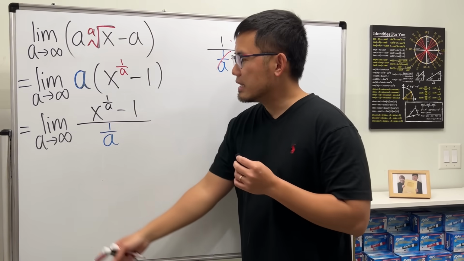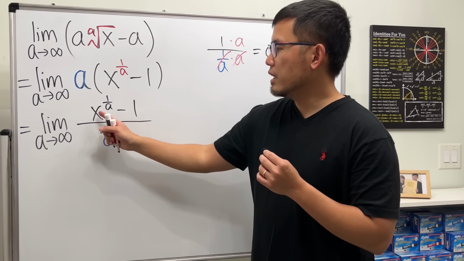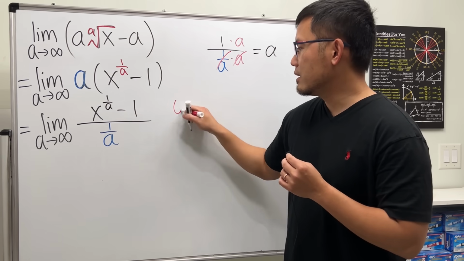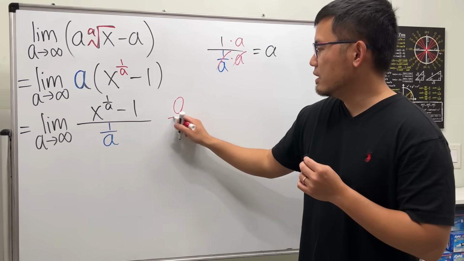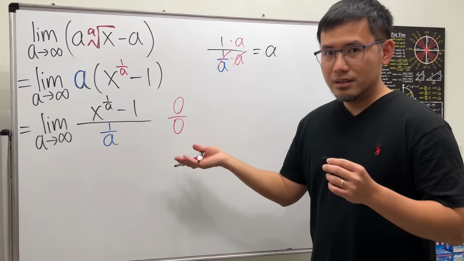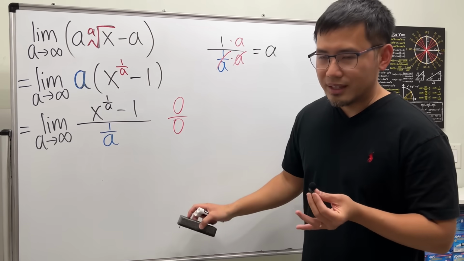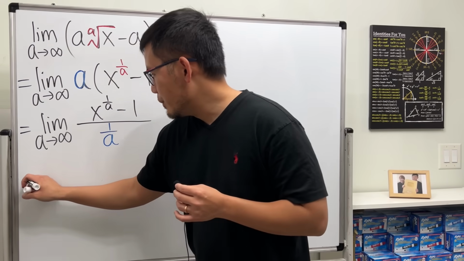And the beauty of this is that if we put infinity to here and here, on the top, you get x to the 1 over infinity minus 1. We saw that earlier, it gives us 0. And then on the bottom, 1 over infinity gives us 0. And this is the indeterminate form that we prefer compared to the other one, the 0 times infinity.